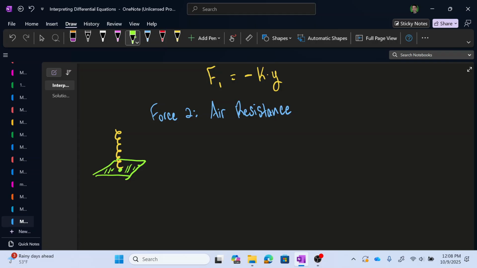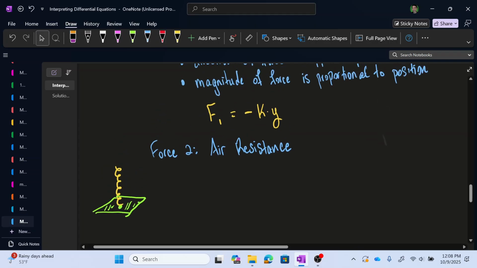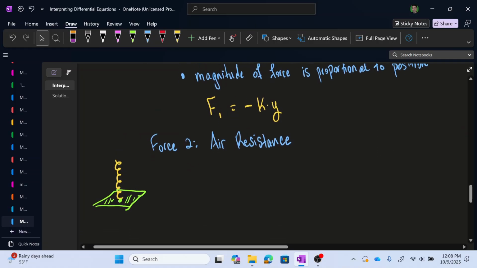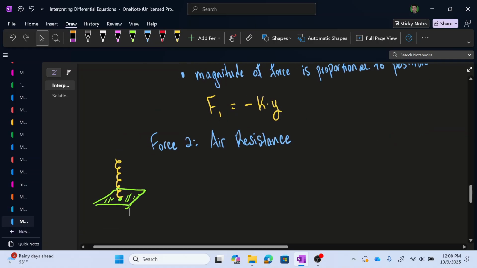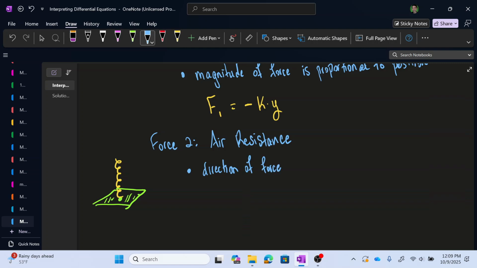Now, air resistance also has some physical properties that we can use to write down a symbolic formula for it. The first property of air resistance, or any kind of drag, is that the direction of the air resistance force is always in the opposite direction of the object's movement, or velocity.